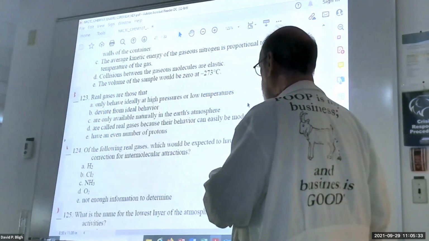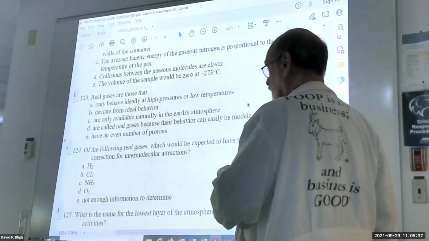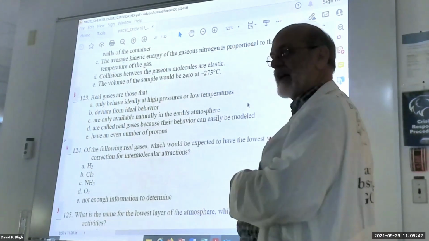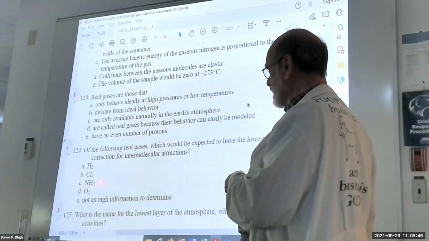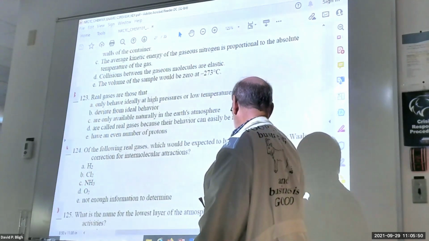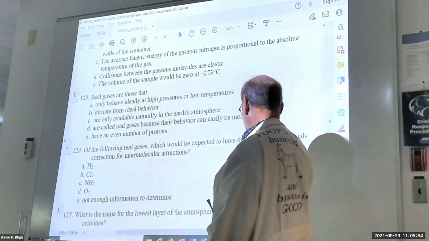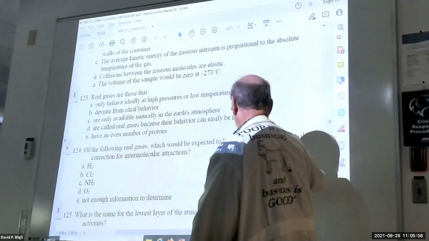So do we have any inerts in here? No, there are no inerts. So now we have to look first for polarity and then size. Ammonia can't work because the ammonia molecule is like this, with electrons up there. It's very polar.